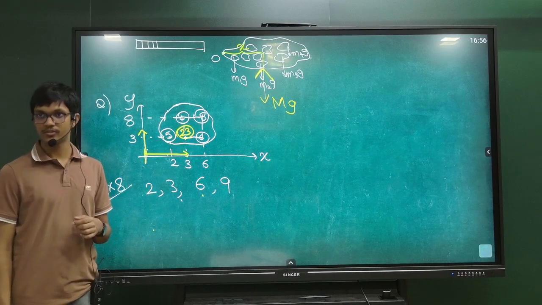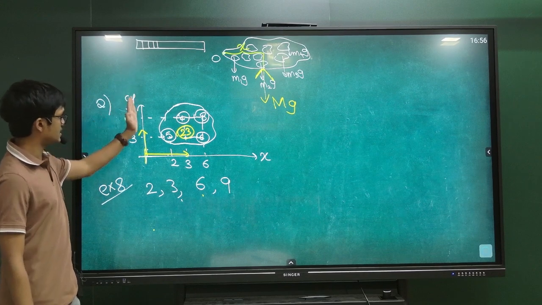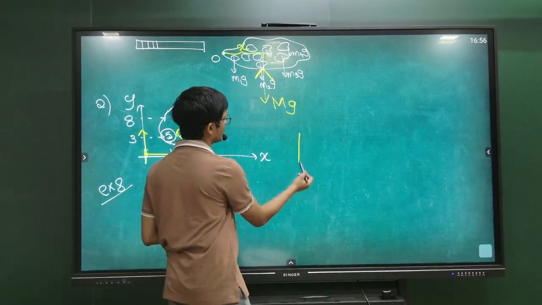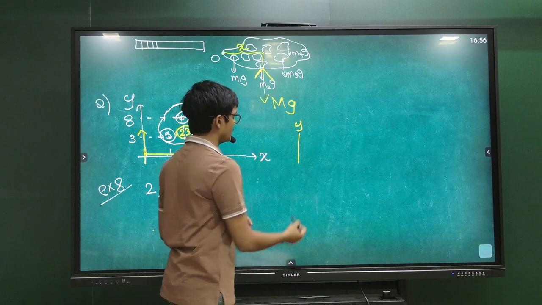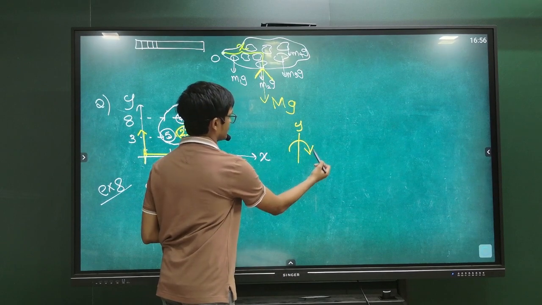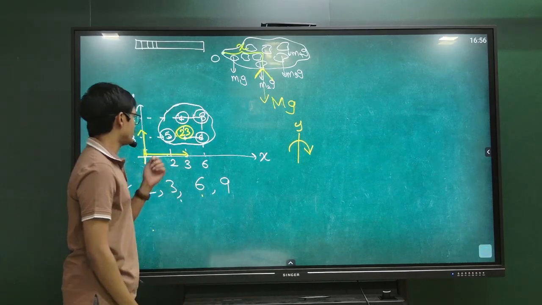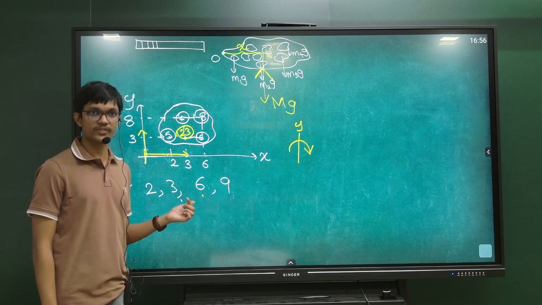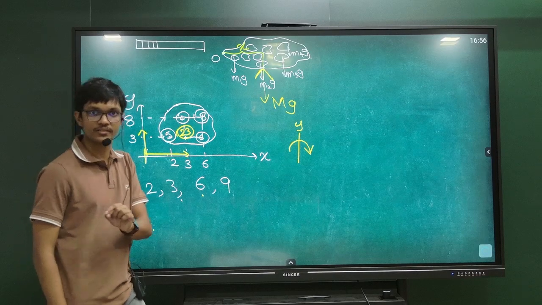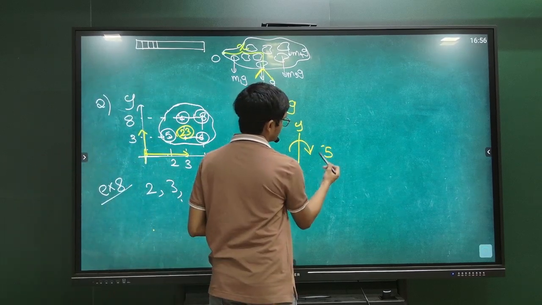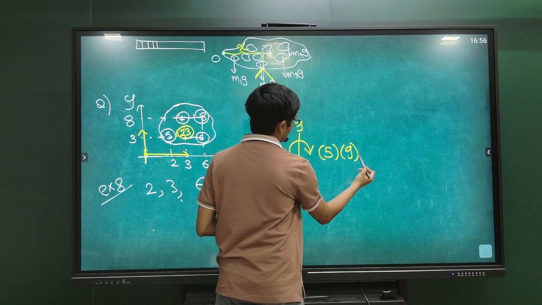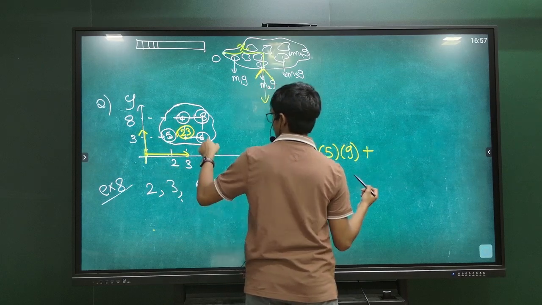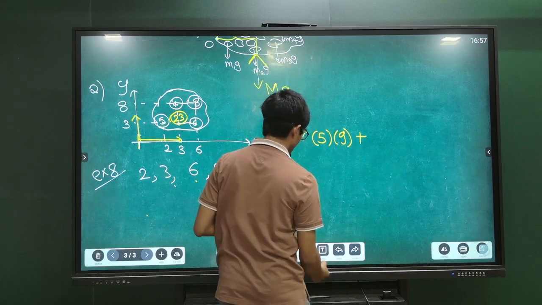Clear? So first of all, I will consider the distance from the y-axis. I'll choose this as the positive direction. Then I can see 5. What is the weight of 5 kilograms? 50, that means 5g. Plus, it's downwards, 6g. Sorry, I have to multiply it by the perpendicular distance.